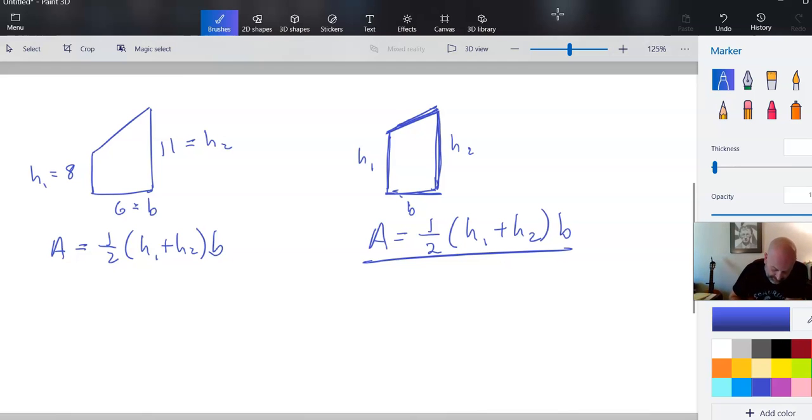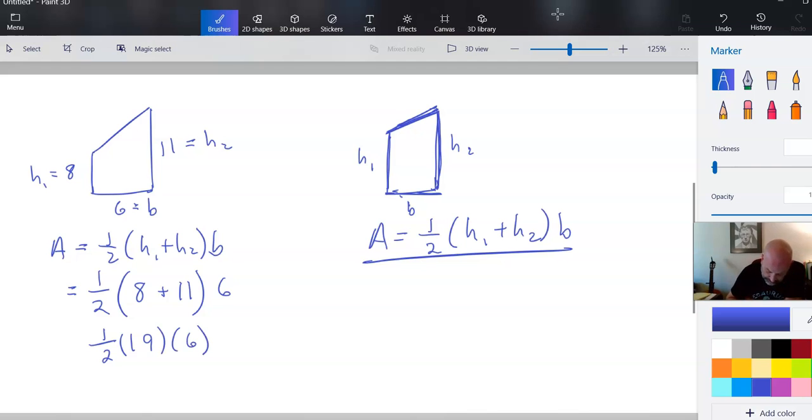Now that we have everything labeled, all we have to do is plug these guys in. H1 is 8, H2 is 11, the base is 6, right? So now we have all the pieces. We just need to add them all together and do our multiplication, and we win. So now this is 1/2 of 19 times 6.